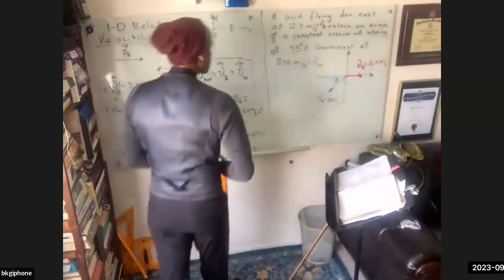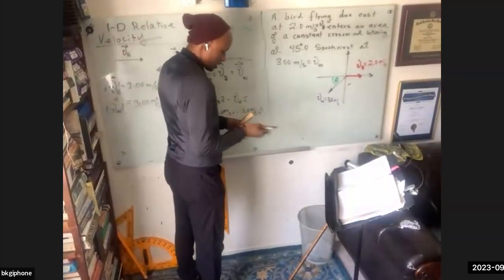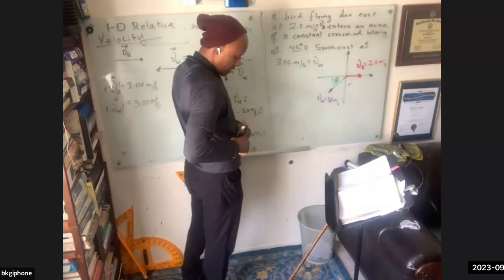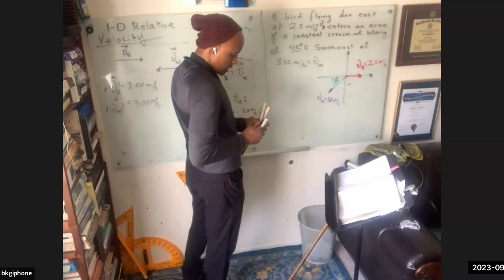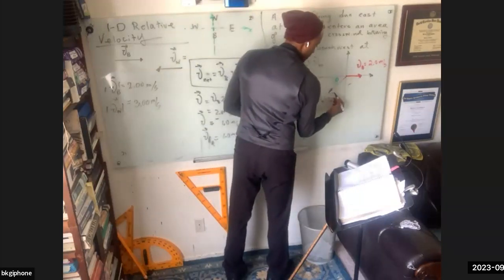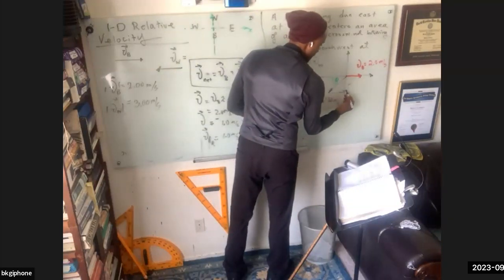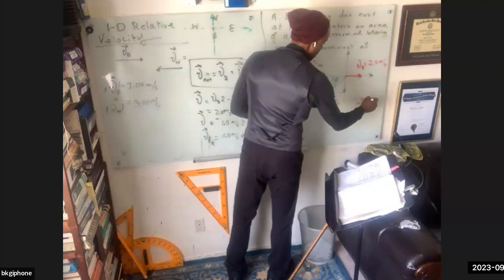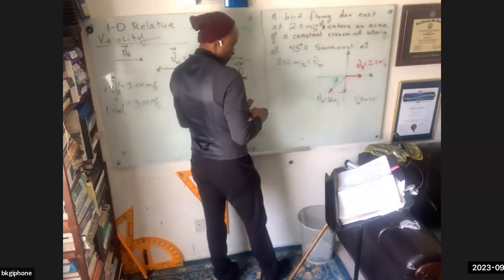All right, so I got to find the components then. And so the components of VW, I'm going to have a component in the X and Y directions, which would look like the following. That guy is VW, and sine of 45 degrees.